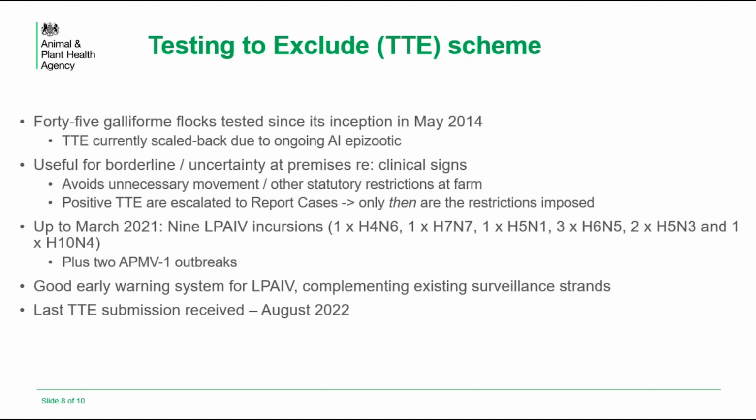Up to March 2021, out of the 45 TTE submissions, we've had 9 low path avian influenza incursions across a range of subtypes. So the scheme has been quite productive. There's been a nice productive uptake. The scheme has also detected 2 avirulent APMV1 outbreaks. With this data, we think the TTE scheme is a really good early warning system for low path avian influenza virus, and it does complement existing surveillance strands.